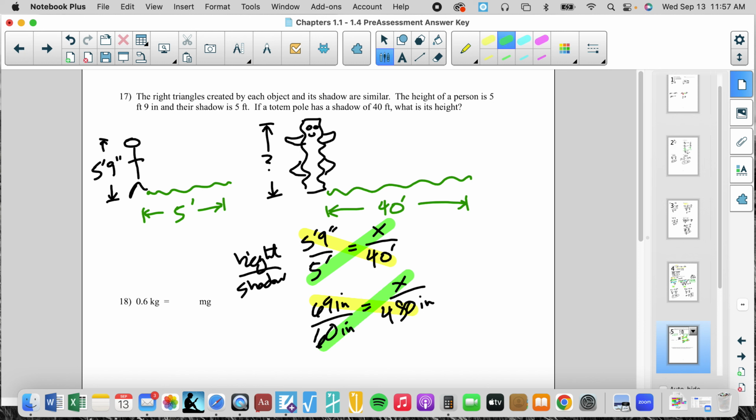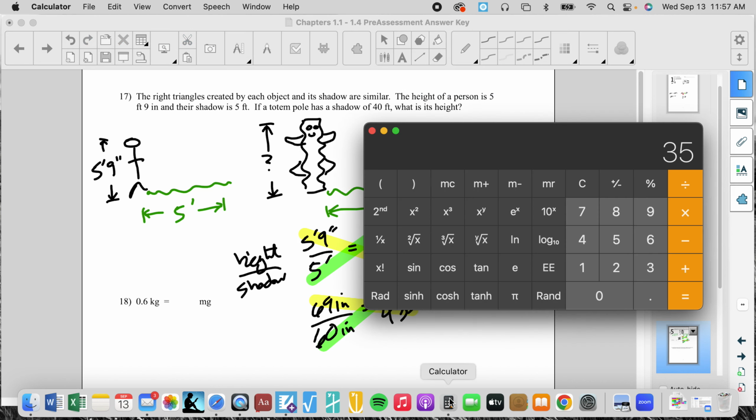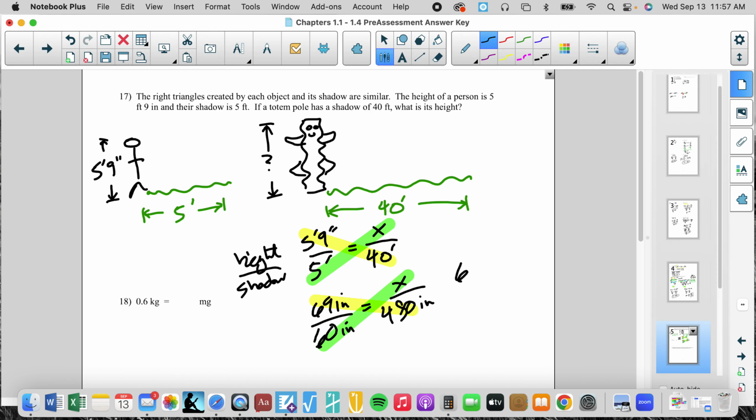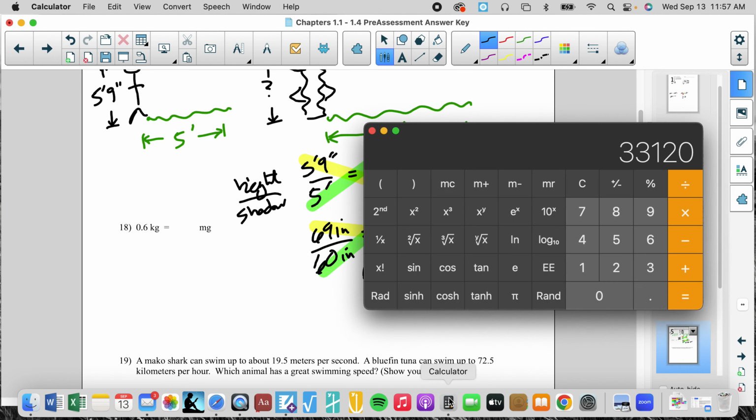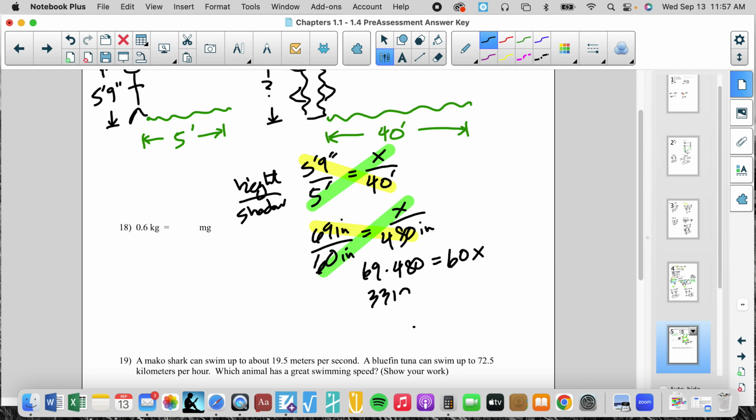So we have 69 times 480. Well, let's do this. 69 times 480 equals 60 times X. And 69 times 480 is 33,120. 33,120 equals 60X.